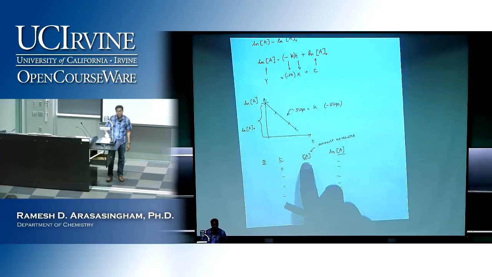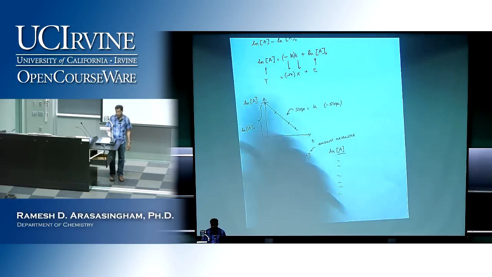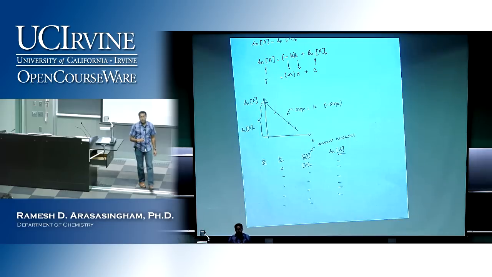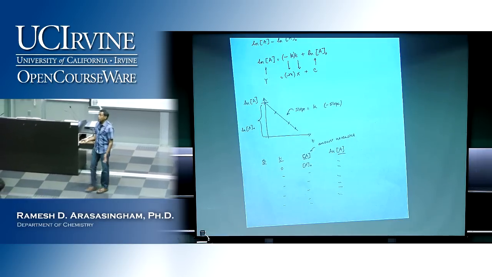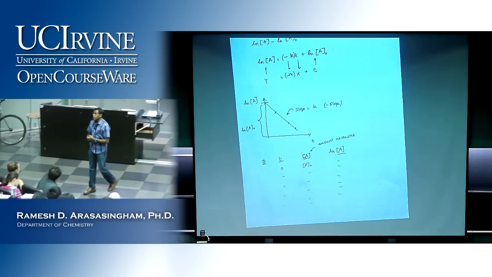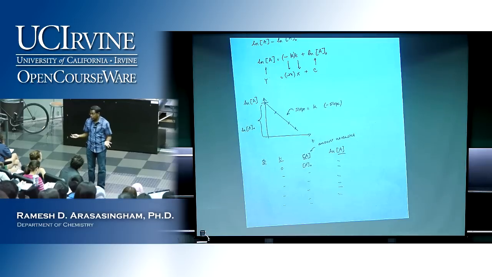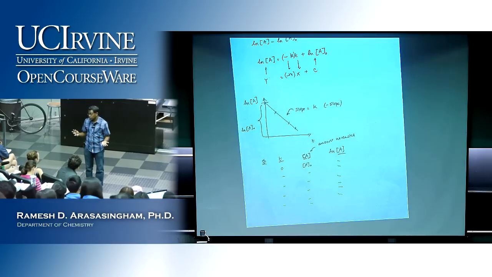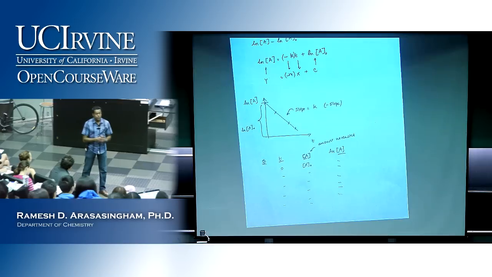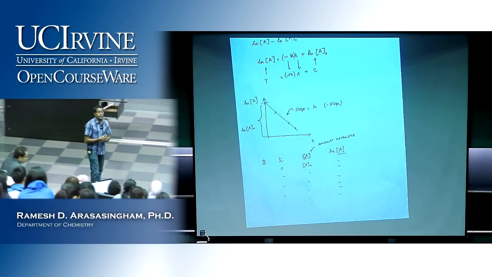Now you take the natural log of A and make a graph, and if the graph comes out to be a straight line with a negative slope, then you know it's first order. If you don't end up with a straight line with a negative slope, it means it's not first order. If your points are scattered, or if it looks something different, then you know that it's not first order.